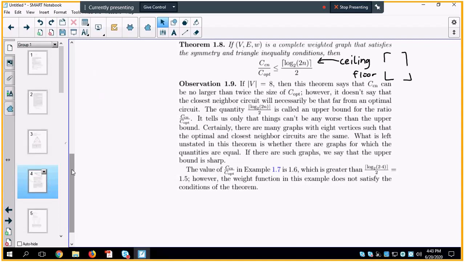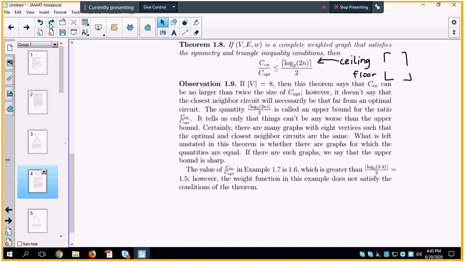And that's just simply because if we plugged in 8 here, 2 times 8 is 16. Log base 2 of 16 is 4. 4 divided by 2 is 2. So just a simple observation that for a graph of 8 vertices, the theorem tells us that this estimation can be no worse than twice. The ratio can be no larger than twice.